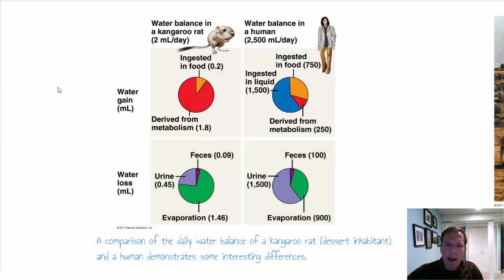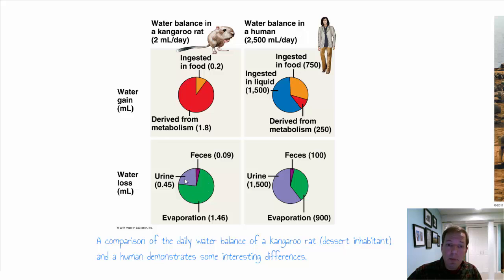Later in the video, we'll compare the anatomy of the kangaroo rat versus the human in terms of what's happening inside its kidney. That can be explained as you consider the differing environments in which they live. A kangaroo rat which lives in the desert is going to get most of its water from the chemical byproduct of breaking down food. It doesn't drink at all because there's no water available where it lives.